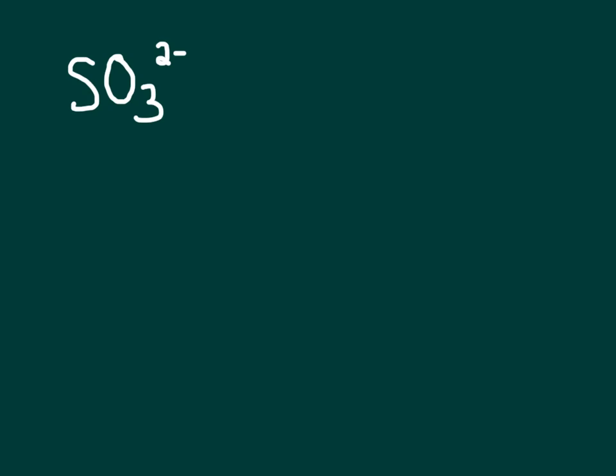One last example is an ion. This is a polyatomic ion, and normally if we added up the valence electrons on this, then we would see that this SO3 would have 24 valence electrons, but this 2- charge means that it's gained 2 extra electrons. So this has 26 electrons, and there is a way that we can show that.